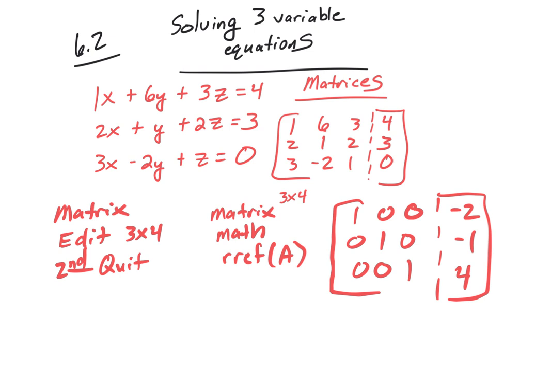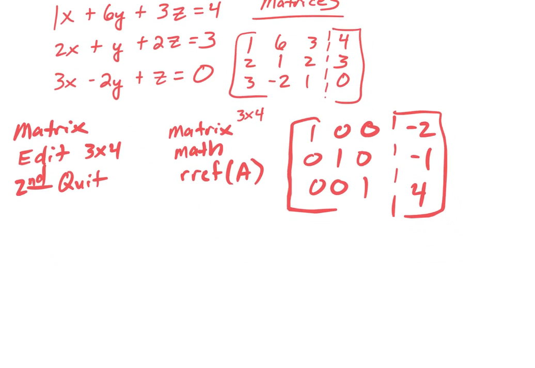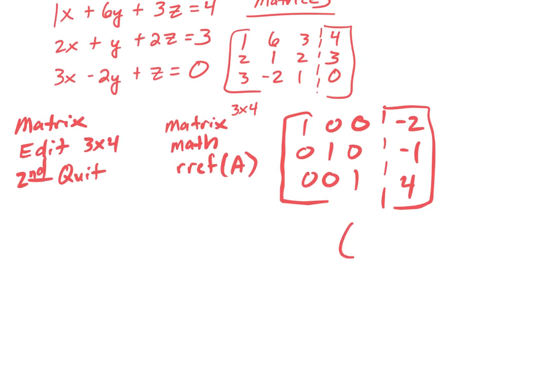So what this means is 1x equals -2, 1y equals -1, 1z equals 4. And so that would be the numbers that we need here. So my answer today, yesterday we said our answer was an ordered pair. Today it's an ordered triple because you have an x, a y, and a z.